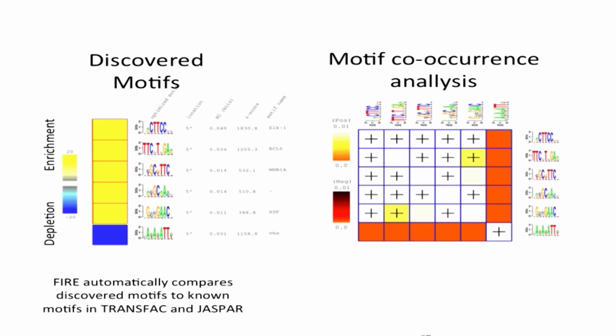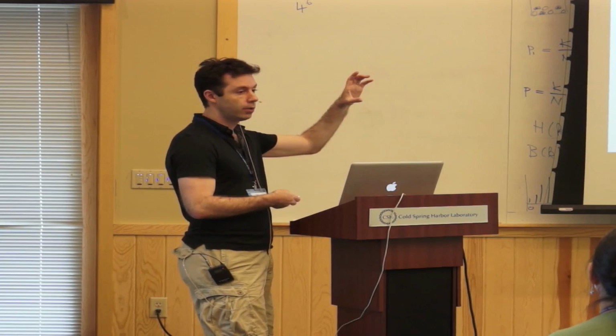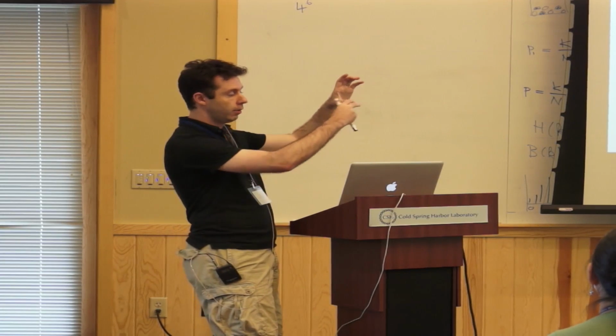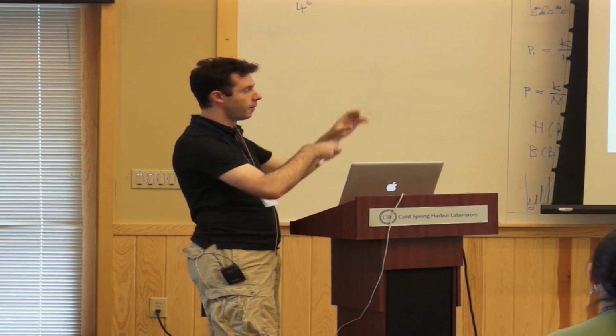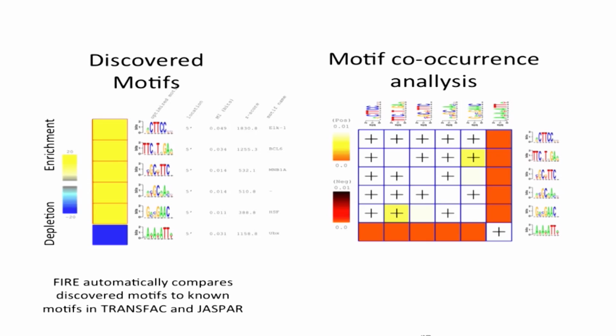Because it could be that you have multiple motifs that are enriched, but 50% of your peaks have a certain motif, and the other 50% have another motif. So we do want to get a sense of whether these motifs tend to co-occur within the same peaks, and this analysis can be done as well using similar concepts of information.